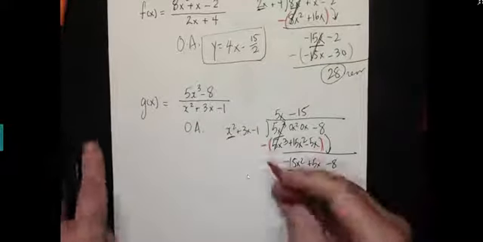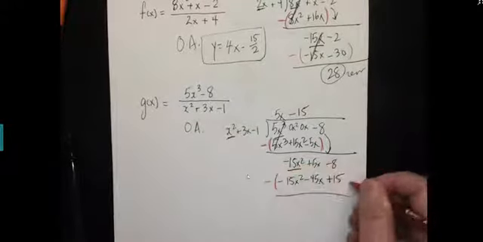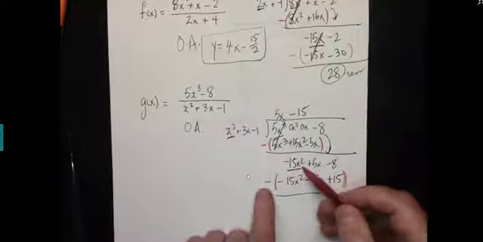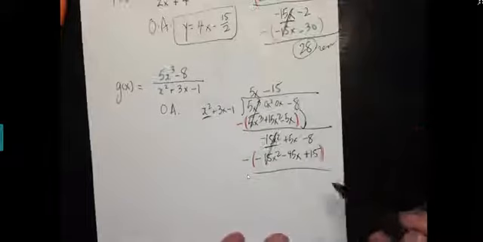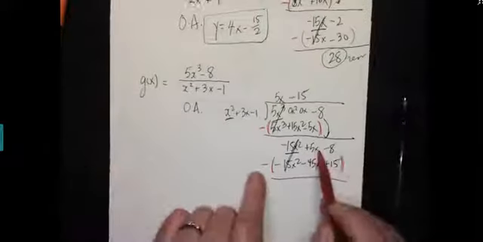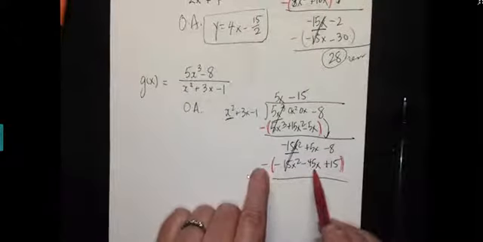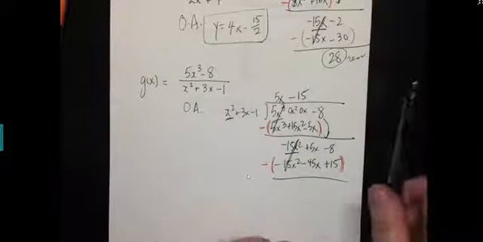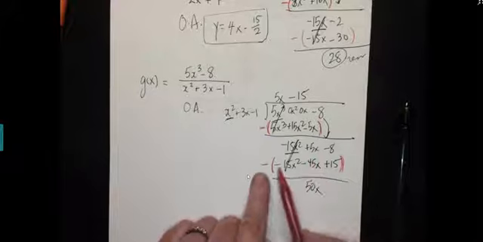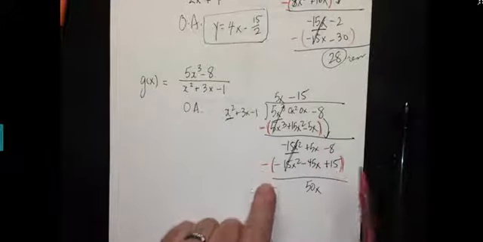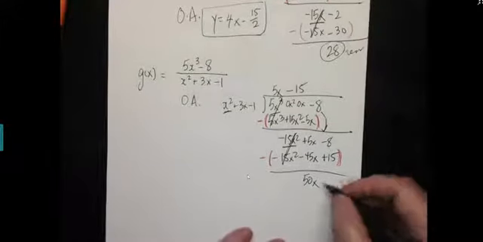And now I need to subtract that. So everything. -15x squared plus 15x squared, they go away. And then I have 5x plus 45x. And then I have -8 minus 15.